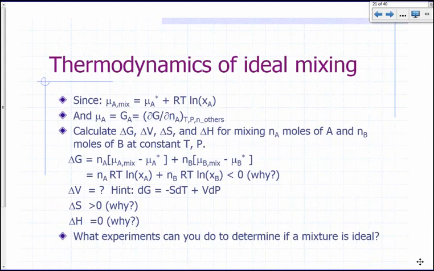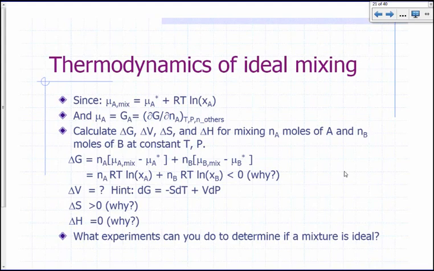If A is a component of your mixture, then its chemical potential in the mixture is equal to its chemical potential if it were pure, the standard chemical potential, plus RT ln X of A. Remember we said the activity of a component of a liquid mixture is equal to its mole fraction if it's behaving ideally, if it obeys Raoult's law. All right, so if you recall, mu sub A is just the partial molar Gibbs energy.